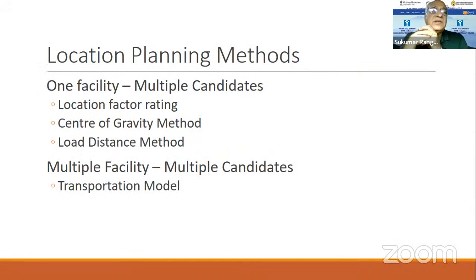Location planning methods. For one facility with multiple items and locations, the methods could be location factor rating, center of gravity method, and load distance method. For multiple facilities, it is the transportation model. Anyone who has done operations research will understand what the transportation model is.